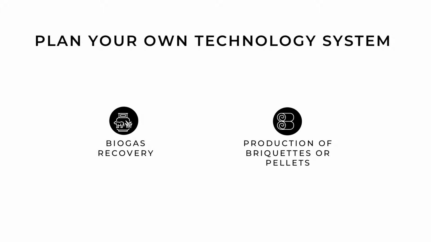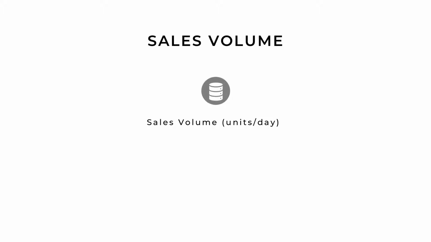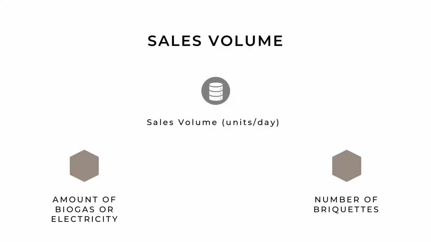Now that you have learned about the different technologies for energy recovery, it is time to plan your own technology system for biogas recovery or for production of briquettes or pellets. Record your findings in the worksheet below. In Model 2, you have calculated your sales volume, which is the amount of biogas or electricity to be produced or the number of briquettes or pellets expected to sell.